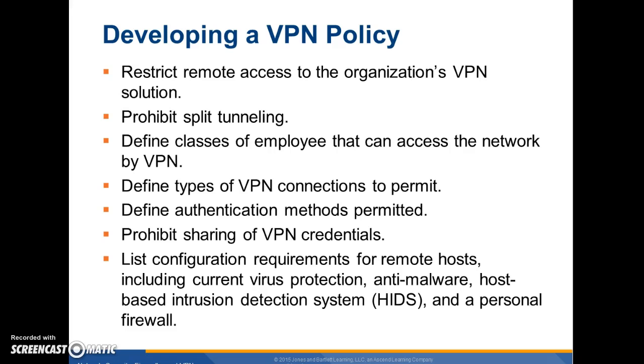The reason split tunneling is a bad idea is that it potentially opens a door into your network that you cannot control, which is known as hairpinning, because malicious code can enter from the non-secure network, make a hairpin or sharp turn, and enter your secure network with little or no trouble because it is entering from a secure and verified endpoint. Define classes of employees that can access the network by VPN.